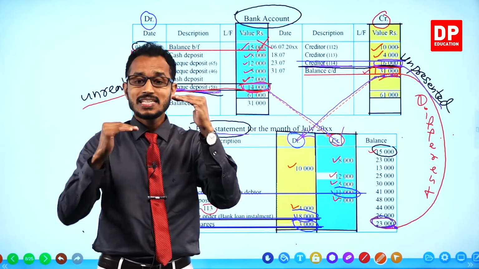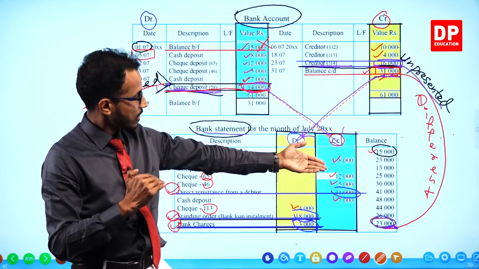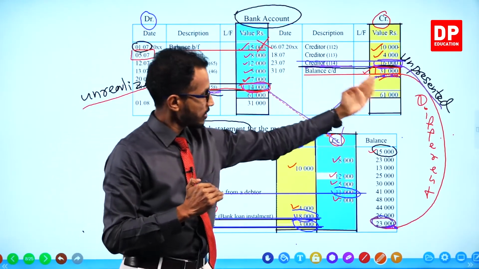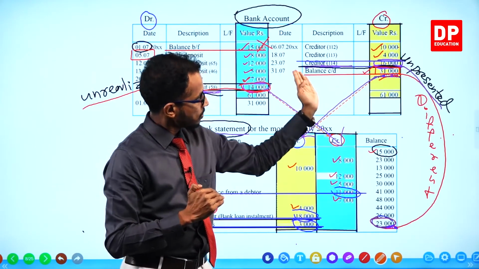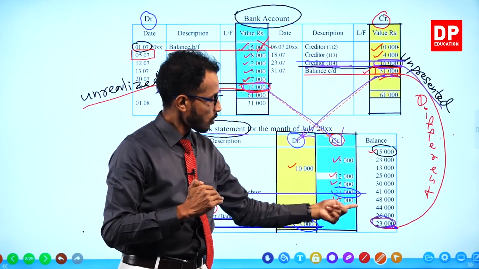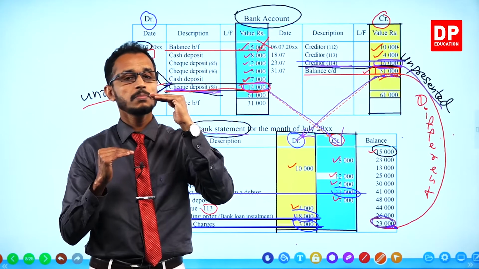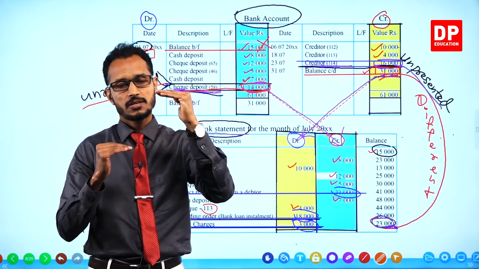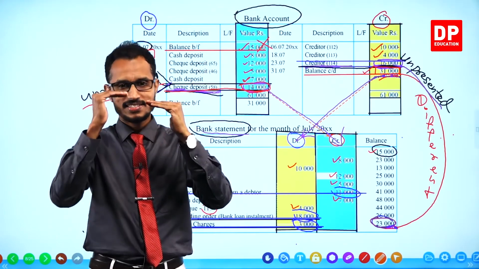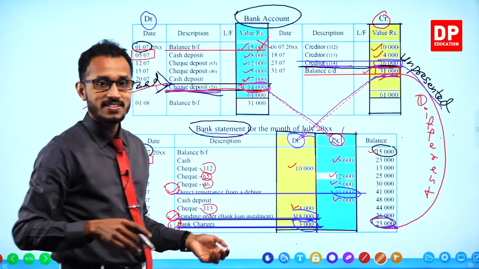Even though our bank balance decreased, those checks did not go to the statement. That's why in the statement, they are not appearing. These checks have not gone to the statement. So the statement balance is still here. Statement balance has not been decreased. So to come to the statement balance, you should add these unpresented checks again. That's why you add unpresented checks.